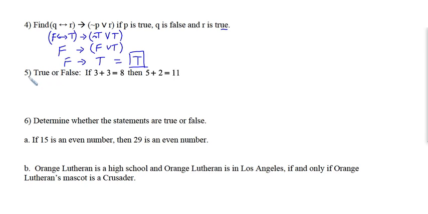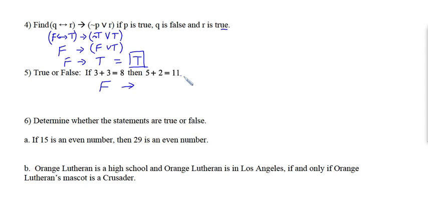All right, number 5. Here we have a conditional statement that we want to tell whether it's true or false. So we say, if 3 plus 3 equals 8, then 5 plus 2 equals 11. In this case, they don't tell us whether P and Q are true or not. We have to determine that based on the math. So does 3 plus 3 equal 8? No. So that's a false statement.